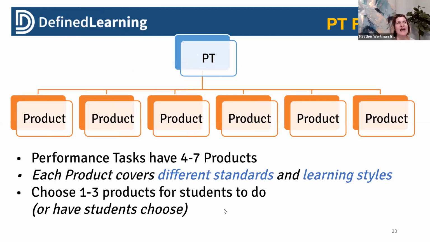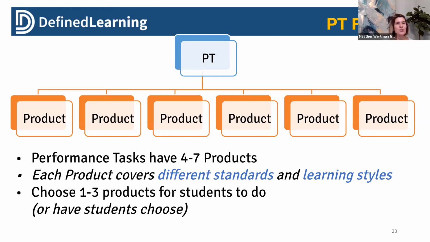The performance tasks that you heard Lynn mention, our robot, our musical superstar group, our backpack task, all of those tasks have the GRASP model, plus we have a wide variety of products offered throughout our tasks. We have around 4 to 7 products per task, and every single product covers different standards and different learning styles.